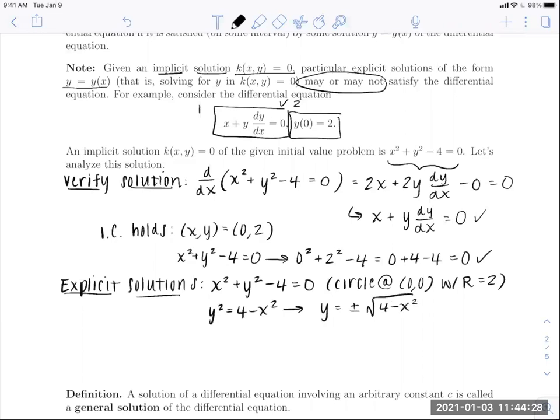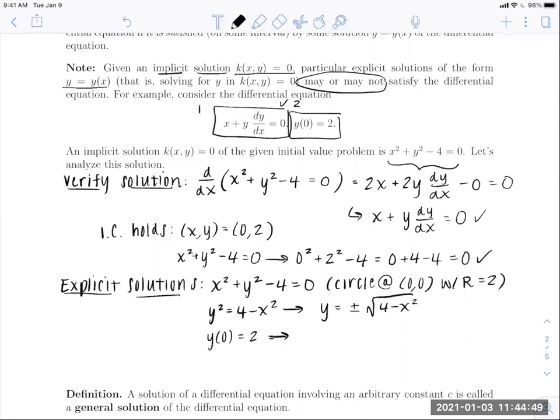All right, so the question is, are both of these solutions? Now, if you wanted, you could plug it back into the DE to confirm that it does satisfy it. But what I'm going to do is check those initial conditions. So I need y of 0 equals 2 to hold.